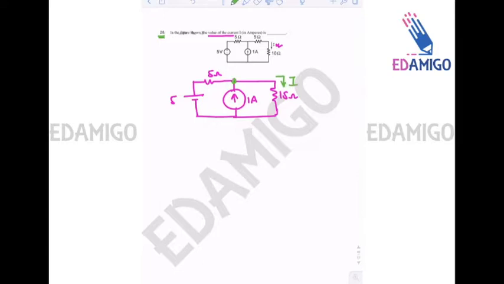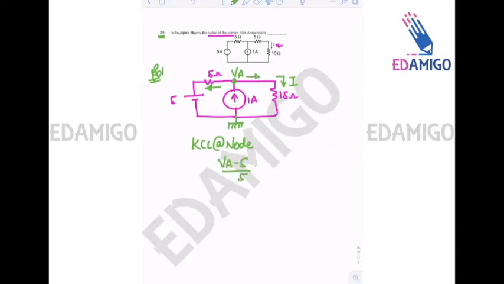Now let us say that this node is grounded and the voltage at this node is VA. Let us apply simple KCL at the node. The current in this branch will be (VA minus 5) divided by 5.